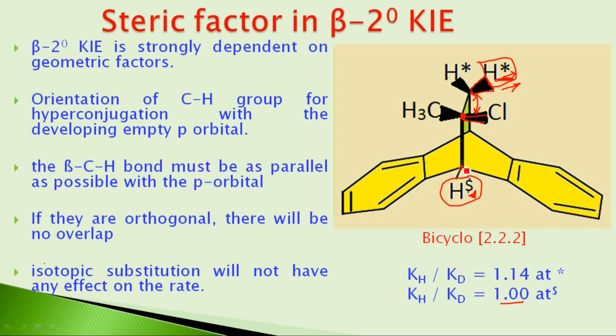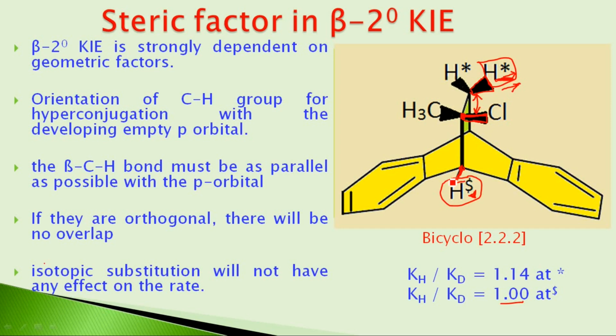Whereas when the isotope was substituted here, this CH bond is orthogonal to this C-Cl bond. So when this C-Cl bond undergoes cleavage and an empty p orbital develops here, it cannot interact with this CH bond due to different orientations, due to orthogonality of these two bonds.